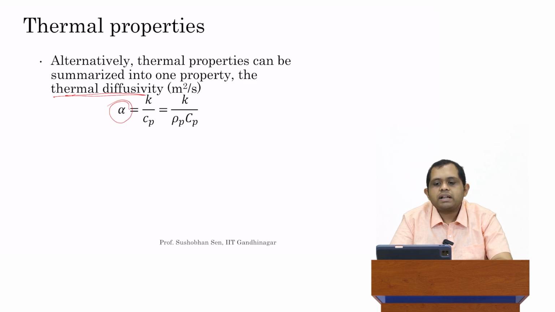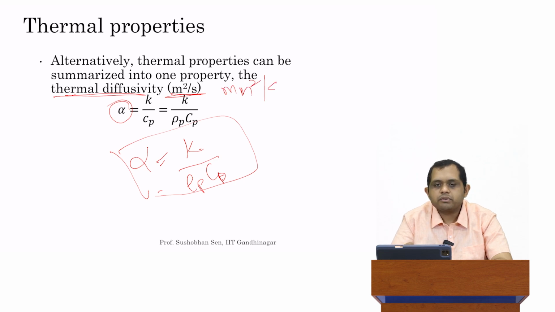That's generally shown by the symbol alpha. So alpha is equal to K divided by rho p Cp, a very, very important relationship. By the way, the units of alpha are square meter per second, although in practice they'll generally be reported in square millimeter per second, so we don't have to write a lot of zeros. This thermal diffusivity then is basically the only value which truly governs the temperature distribution inside the pavement once energy has actually gotten inside the pavement.